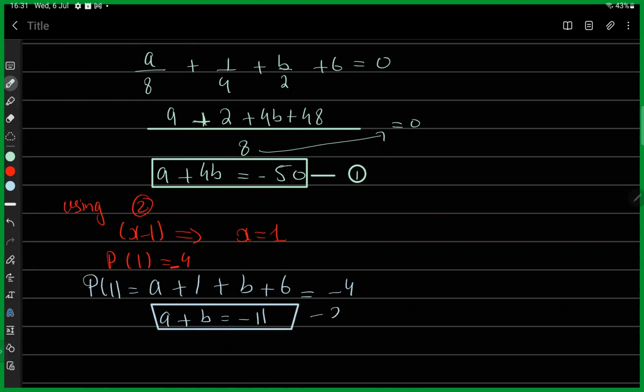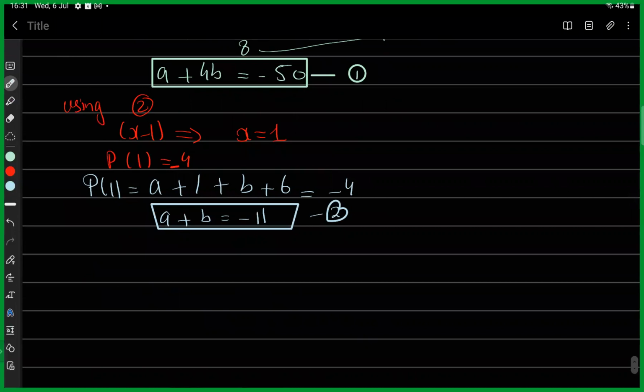All right, this is the second equation. Now we need to use these two equations in order to solve them. a and a are the same, so we can just use the elimination method. Equation 1 minus equation 2 would give a plus 4b minus a plus b equals minus 50 minus minus 11.